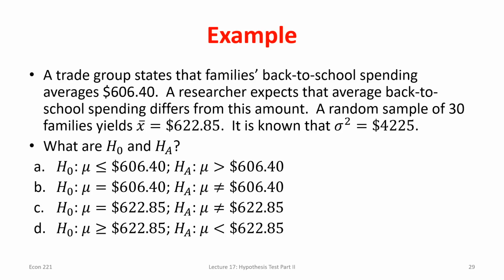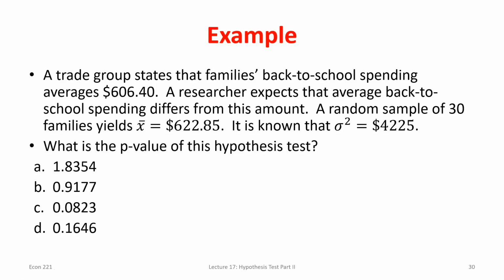All right, so we have the assumed true value of $606. And so if we look at the alternative hypothesis, not equal to sign, two-tailed test. Okay? So we got a two-tailed test. It's going to make things a little bit more difficult for us when we want to try to find the p-value.